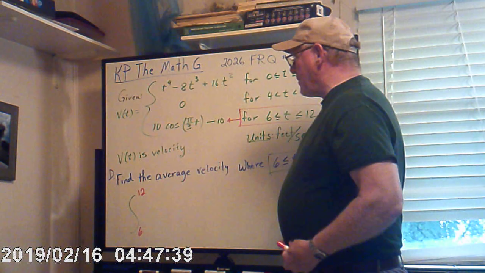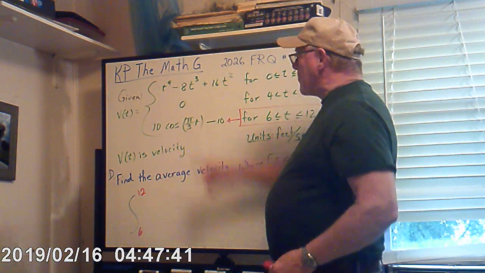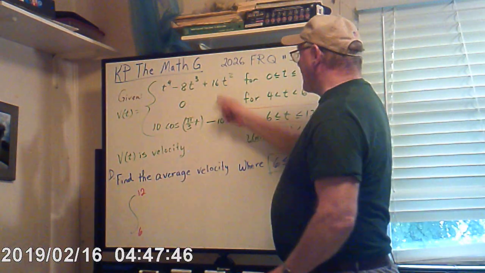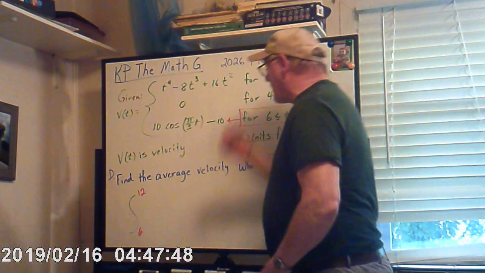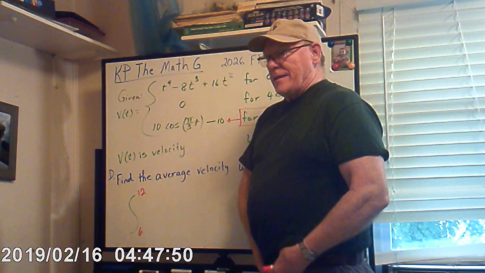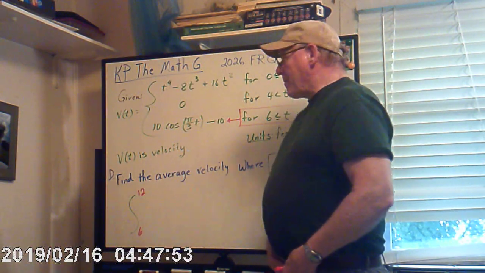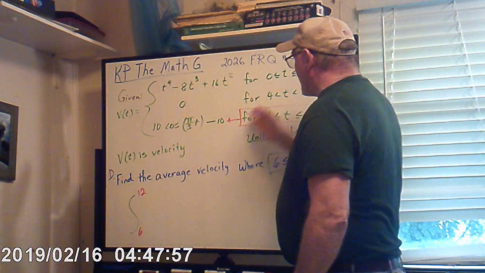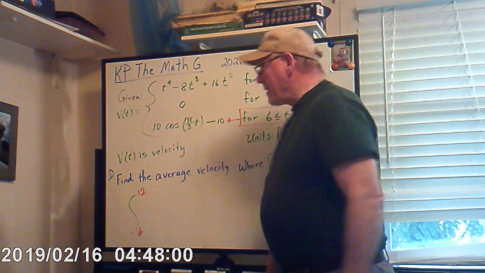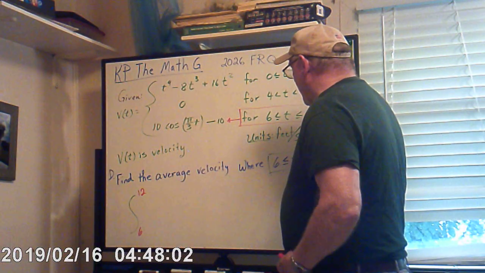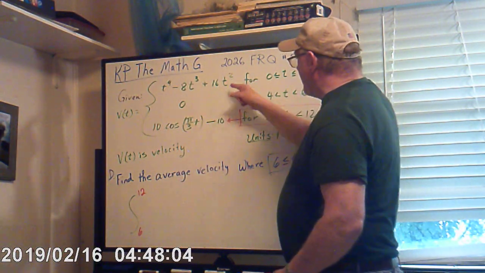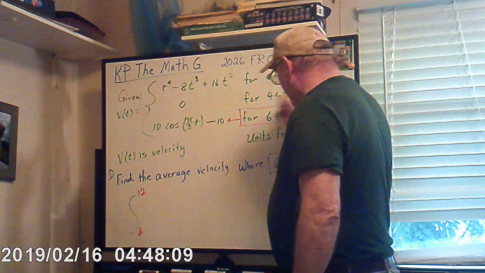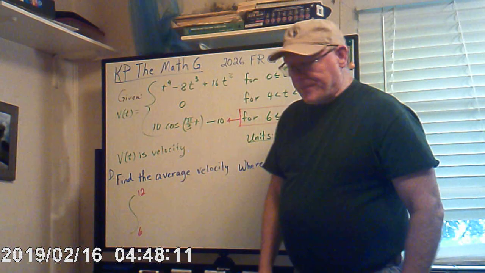Some people call this a piecewise function, and rightly so, because it is divided into 3 pieces, but I prefer to say this is a 3-part equation, or v of t, for different times. In this case, we're looking at this time. This is at rest during the period from 4 to 6 seconds.